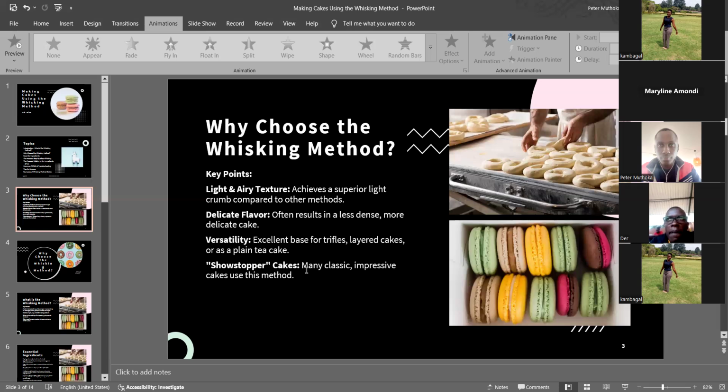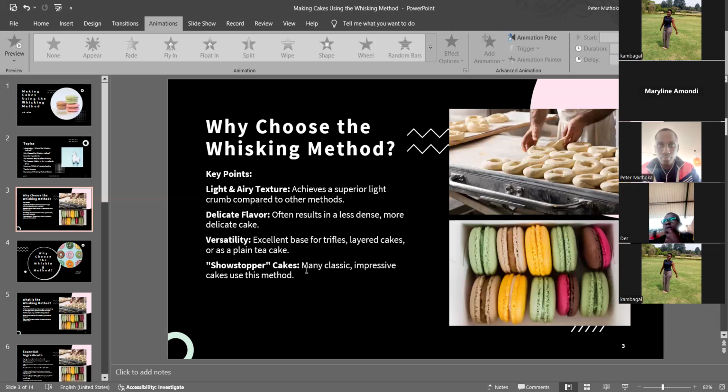We see the reasons why we choose this whisking method. We are going to achieve a superior light crumb compared to those other cake preparation methods. You will find the whisking method's mixture is light and crumbly compared to them.